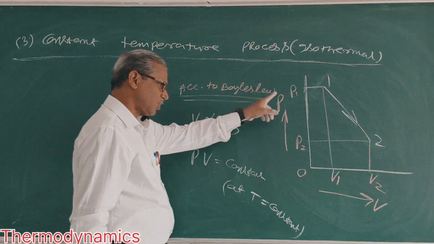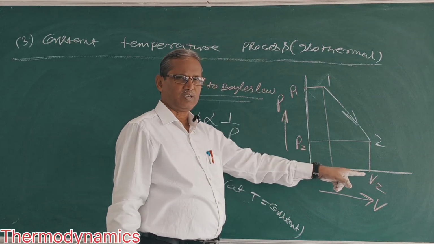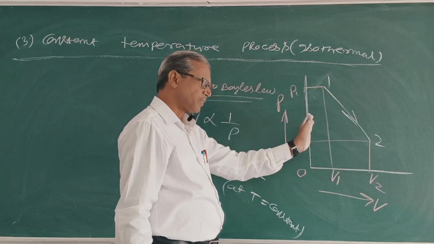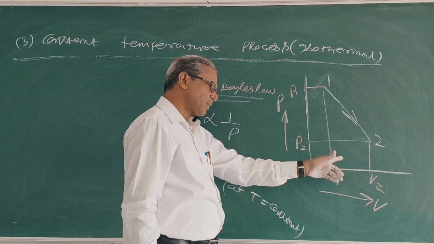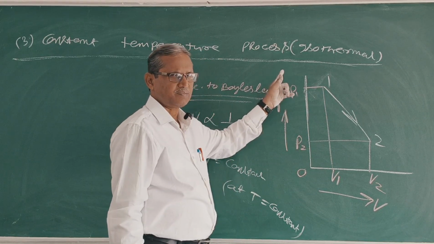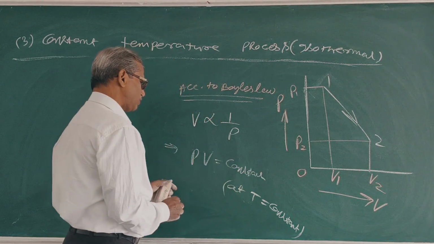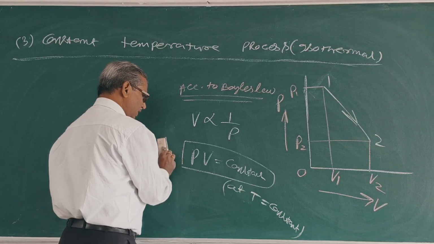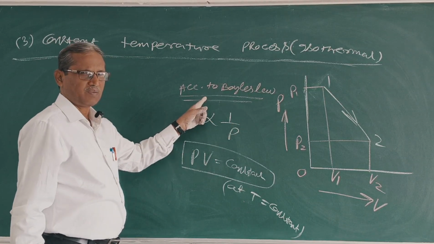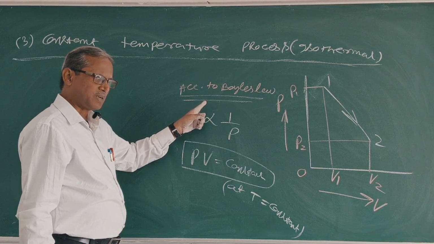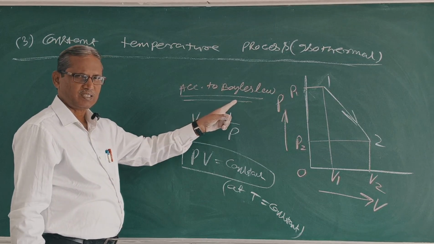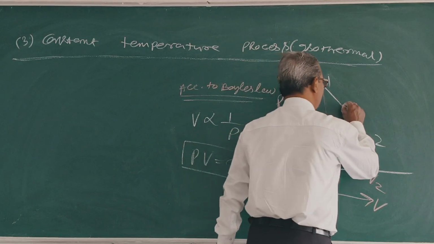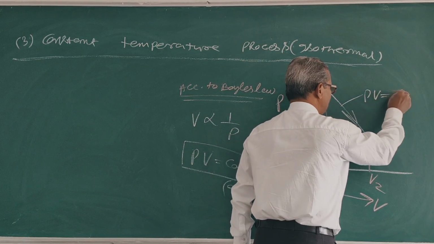Here also, the pressure decreases, volume increases in the expansion process. When we go through the compression process, the volume decreases, pressure increases. So this process follows the law PV is equal to constant. Clear? And this process follows Boyle's law. Hence, the expansion according to Boyle's law is isothermal. Clear? This is the law PV is equal to constant.